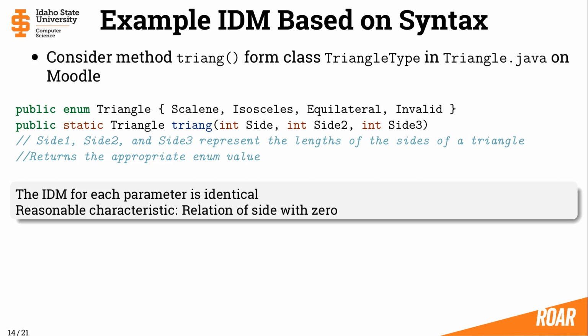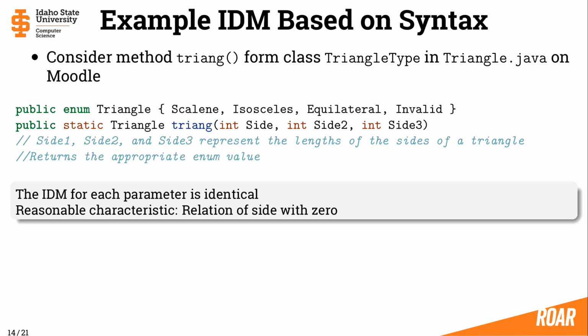It has 4 different types, and we have the static method that takes in 3 values: side 1, side 2, side 3. They represent the lengths of the sides of the triangle, and it will return the appropriate enum value based on what it sees. So the IDM for each parameter is essentially identical. They're all integers, and a reasonable characteristic would be the relation of the side with 0.